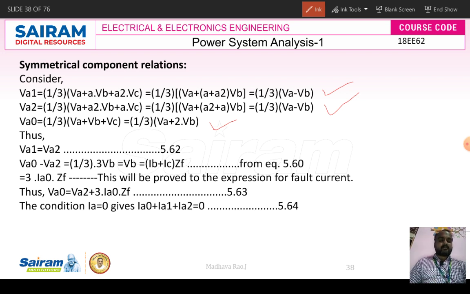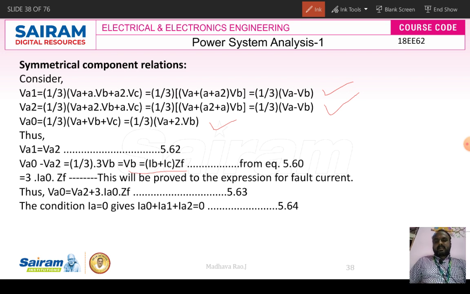We have already seen this VB equation in the terminal conditions. So, we get 3 into IA0 into ZF, which provides the expression for the fault current, right.